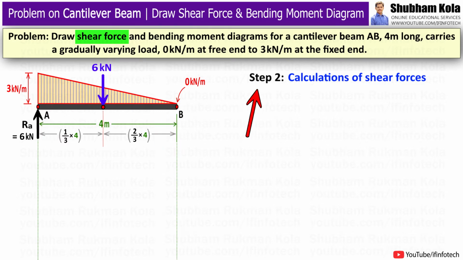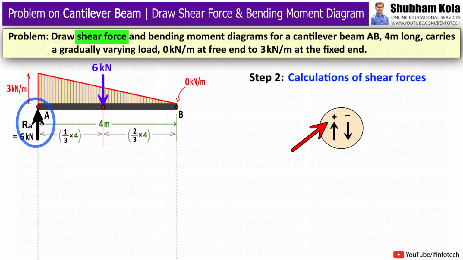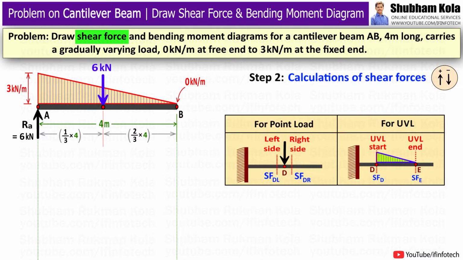So the next step is calculations of shear forces. So here the sign convention is, for shear force calculations, the upward forces are considered as positive and downward forces are considered as negative. Here you should remember, while calculating the shear force at a particular point load, you can calculate shear force values for left side and right side of that particular point load.